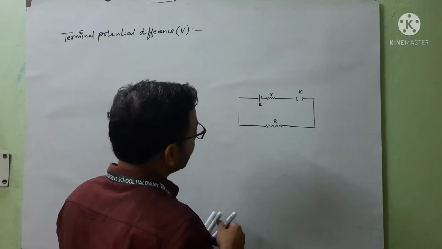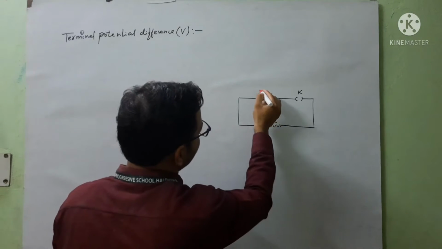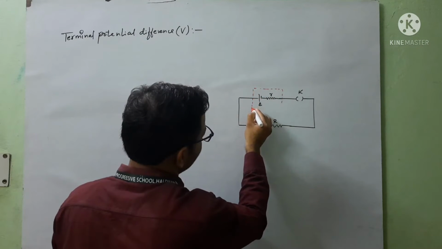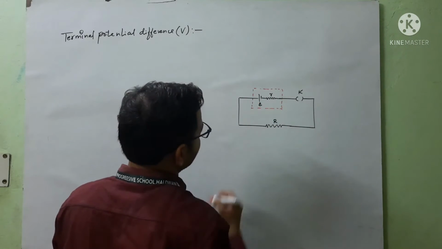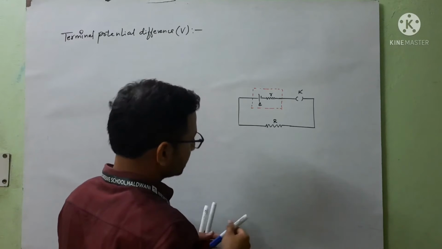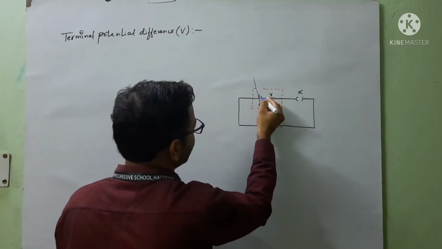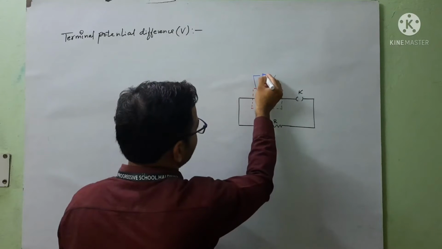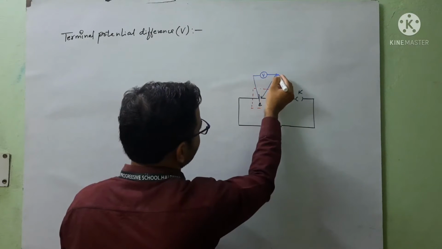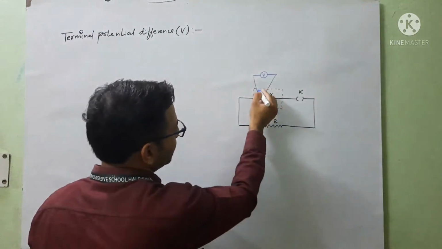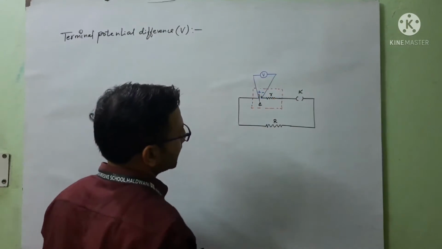Now see, I will take a dotted line to separate the region of the battery, which is very helpful for you to understand the concept. And here I will use the voltmeter to measure the potential difference between the terminals of the battery, which is positive here and this one is negative.